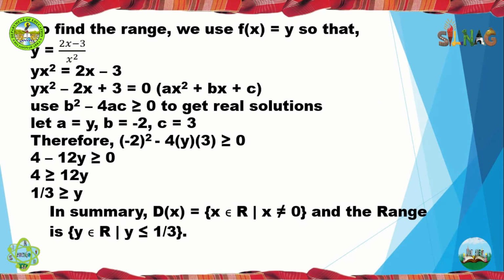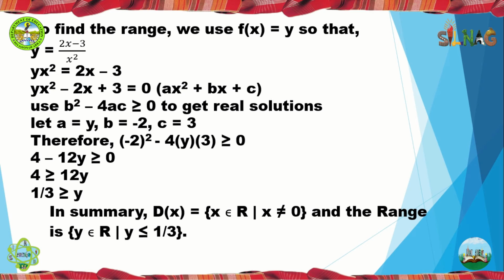To find the range, we use f of x is equal to y, so that y is equal to 2x minus 3 over x squared. Then we cross multiply. y times x squared is yx squared or x squared y. And then 2x minus 3 times 1 is 2x minus 3. Then we have to transpose 2x and negative 3 to the left side.